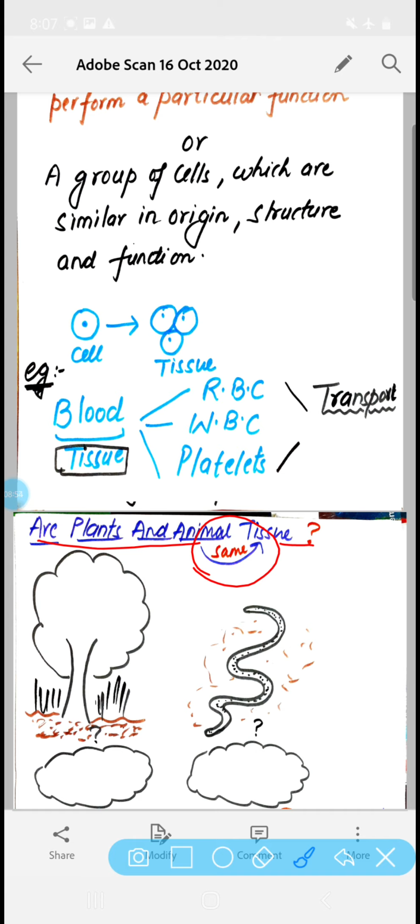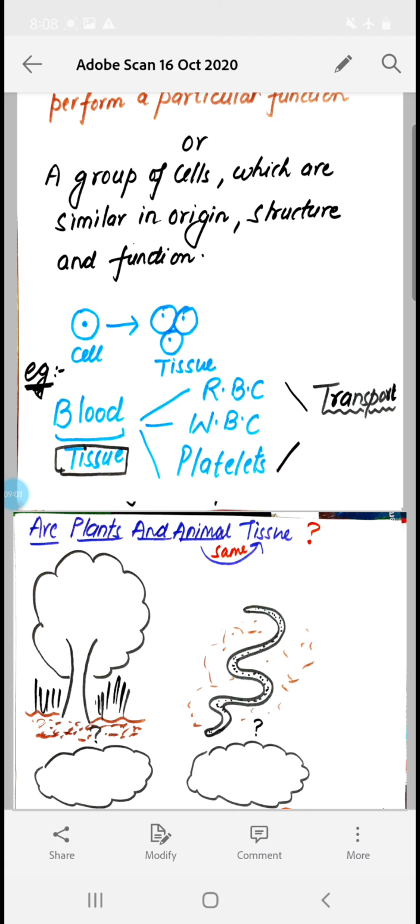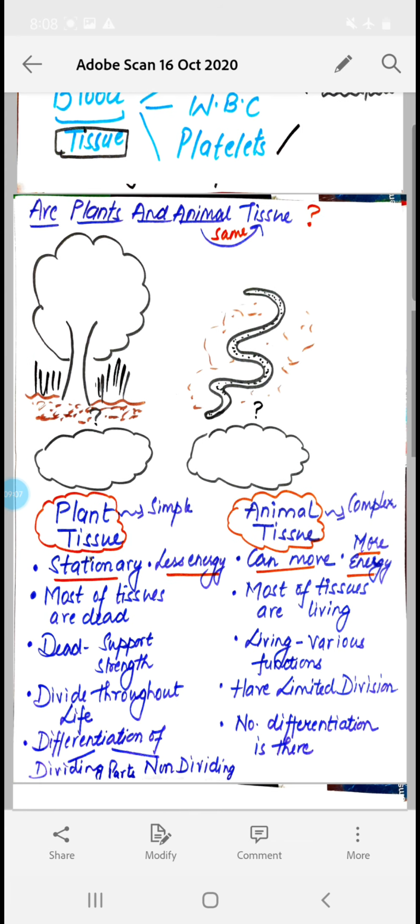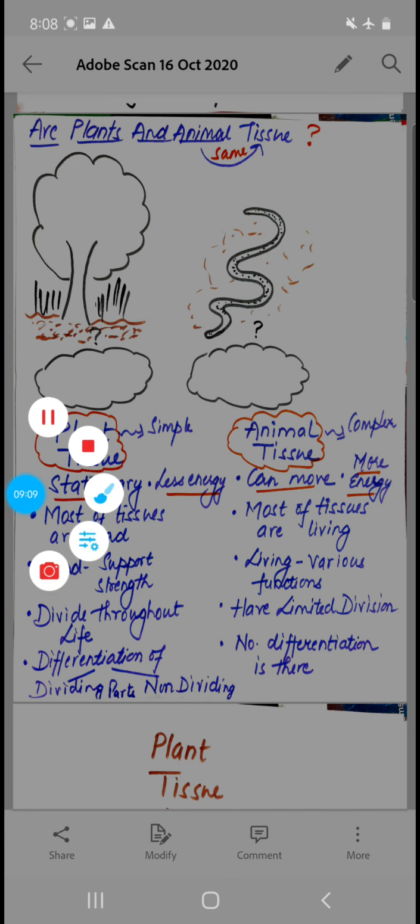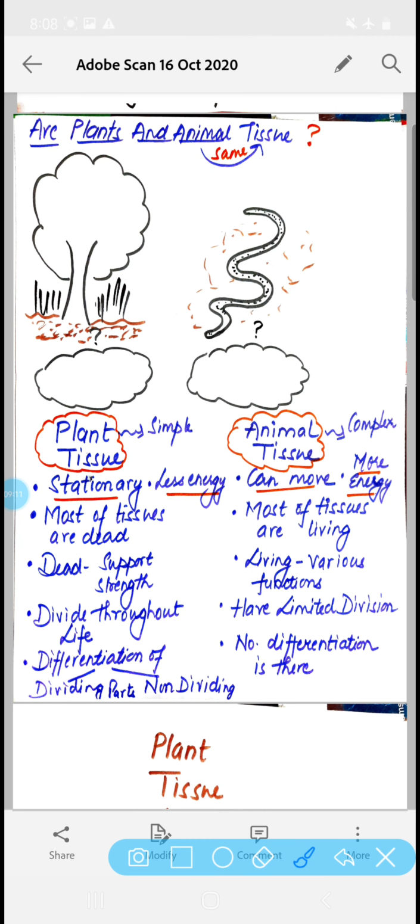We can't say that plant and animal tissues are of the same kind. So let us see how plant tissue is different from animal tissue. Let us begin. The plant tissue, or the structure of a plant, is much simpler as compared to animal tissue. Animal tissue has a complex structure.